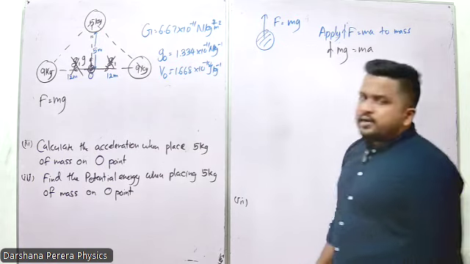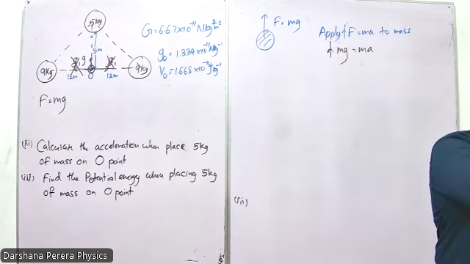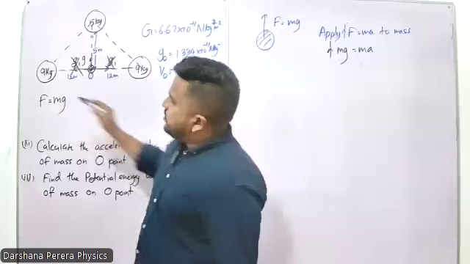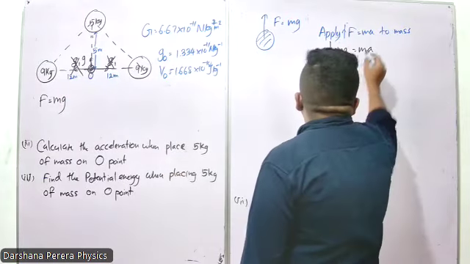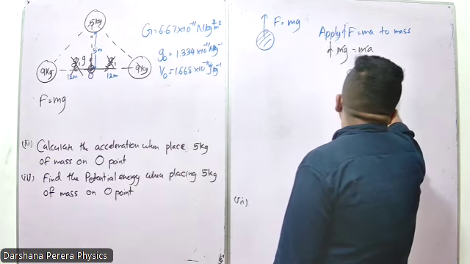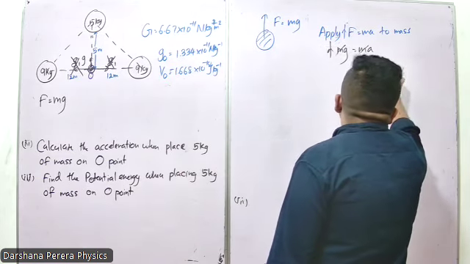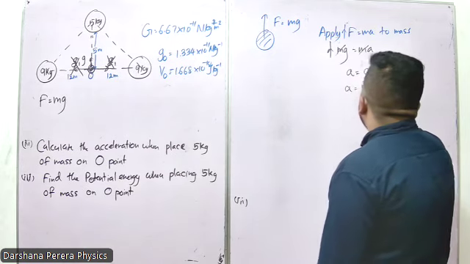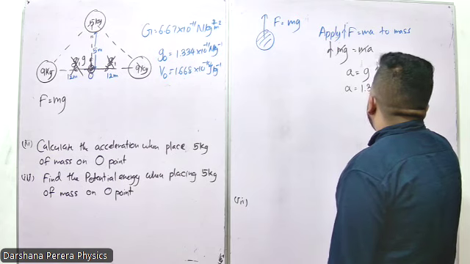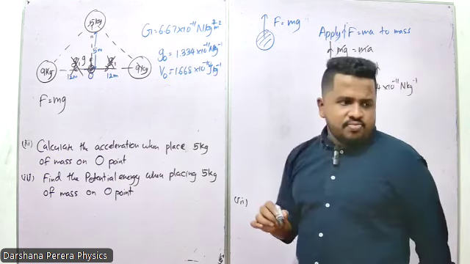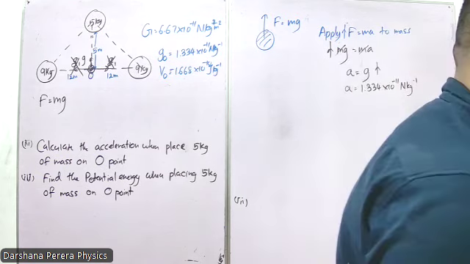We don't need to find the entire force again. Why? We know this theory. F equals mg, so m and m cancel out. Therefore, a is also equal to g. Therefore, a equals 1.334 × 10^-11 N kg^-1. Okay?